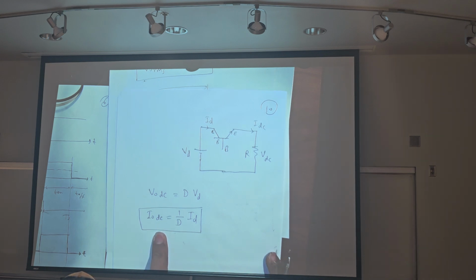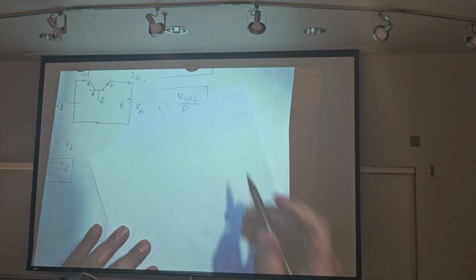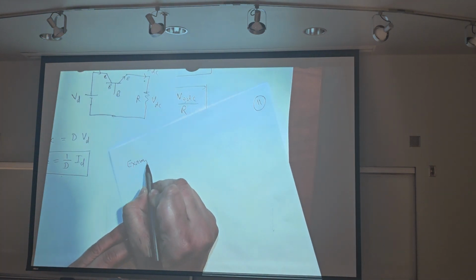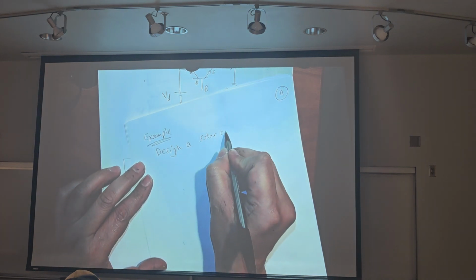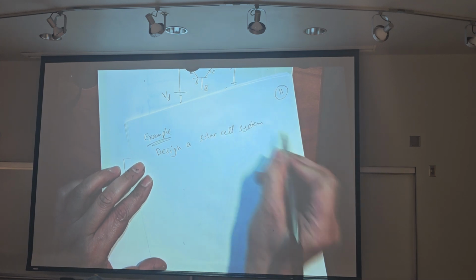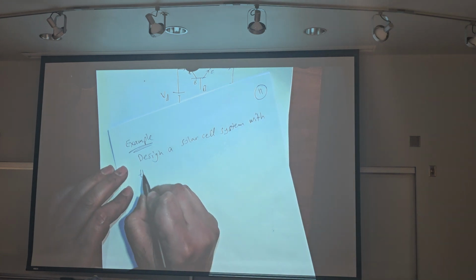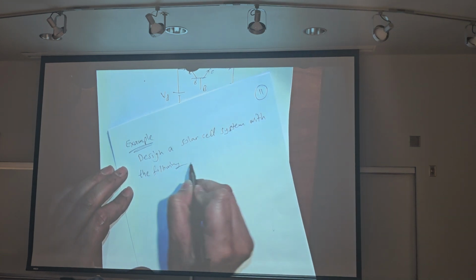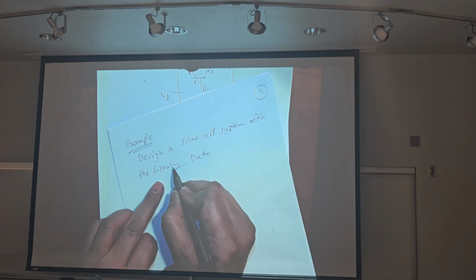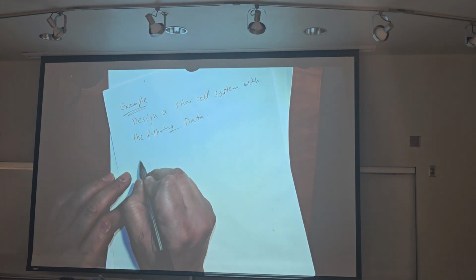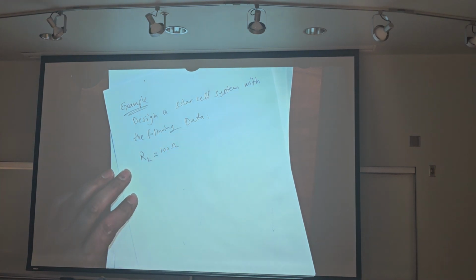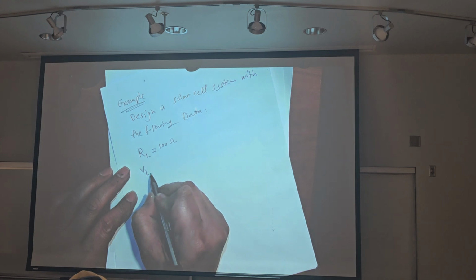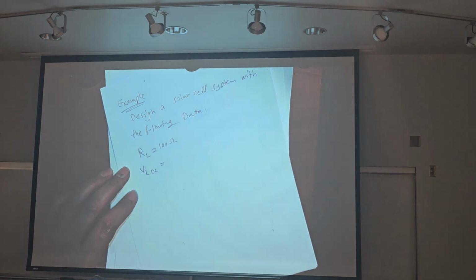Now, this formula is very important. Why? Example: design a solar cell system with the following data. R load equals 100 ohm.